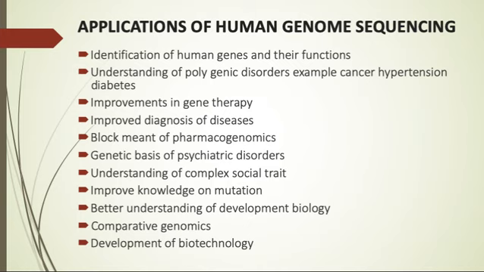It also helps in pharmacogenomics, the genetic basis of psychiatric disorders, understanding of complex social traits, then improves the knowledge of mutation and better understanding of developmental biology, and also comparison of genomics and development of biotechnology. So these are all the uses of learning the human genome sequencing.